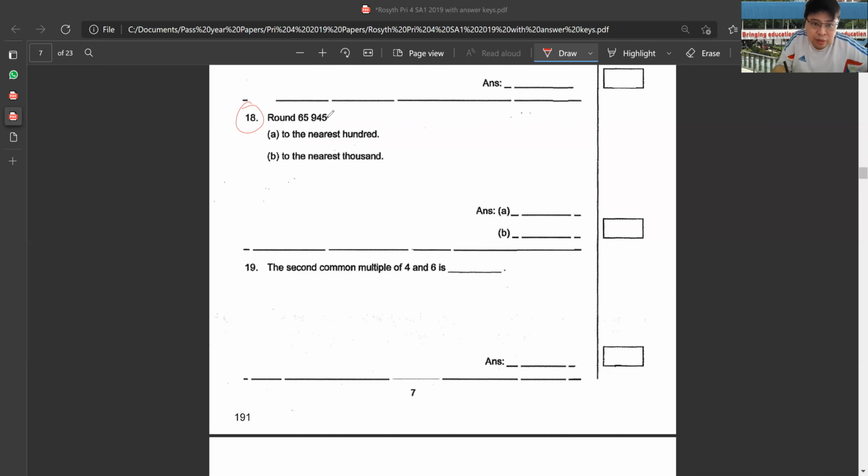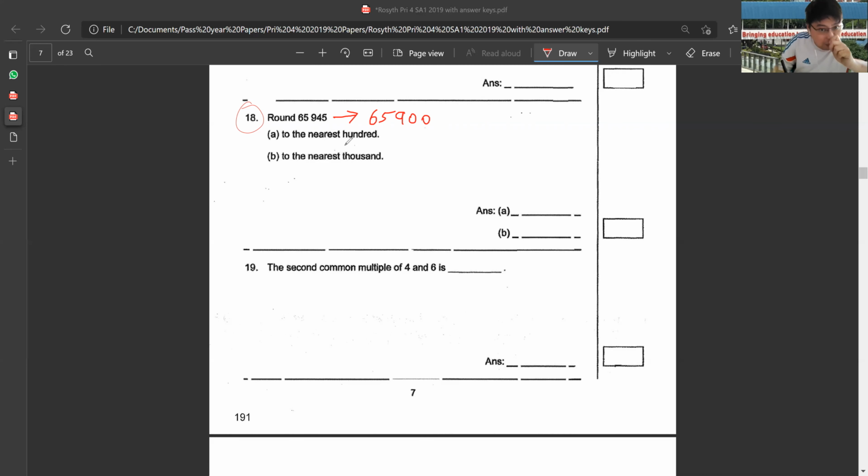The number in the tens place, which is 4. The 900, so should you round up or round down? You should round down.